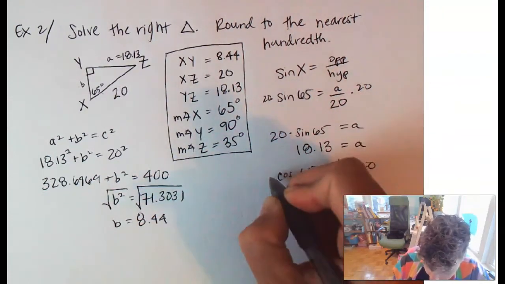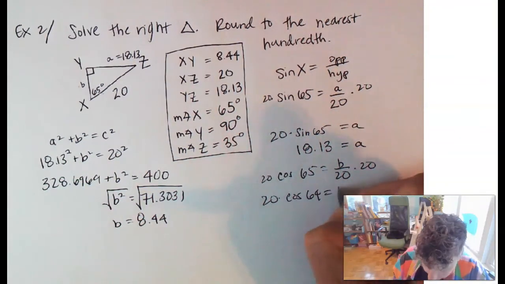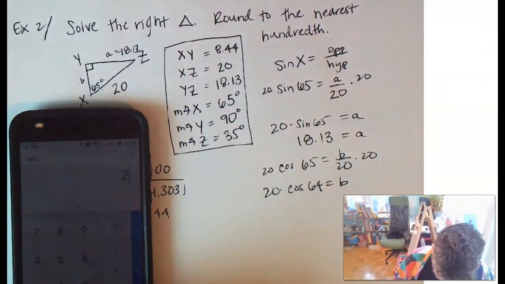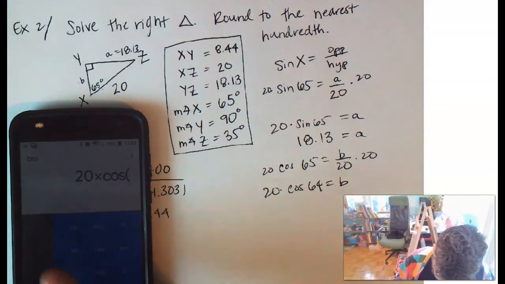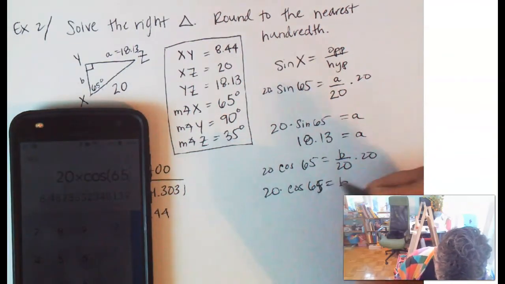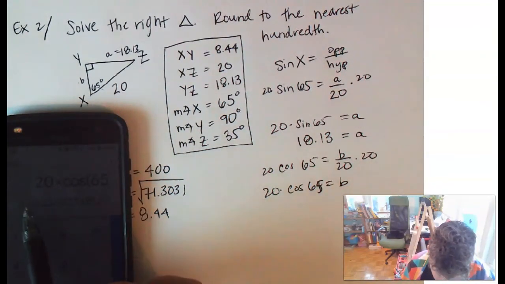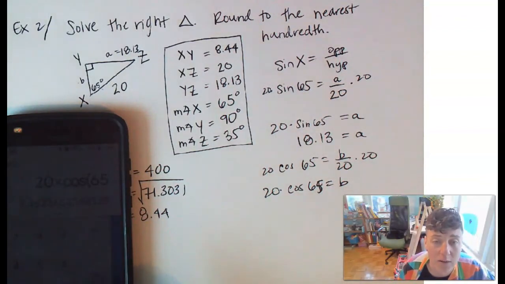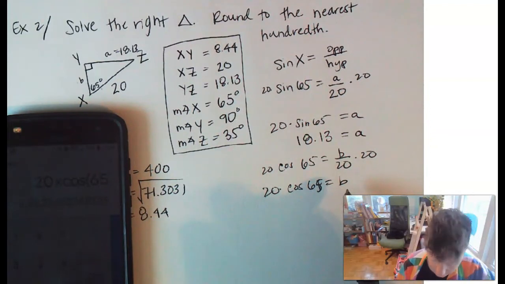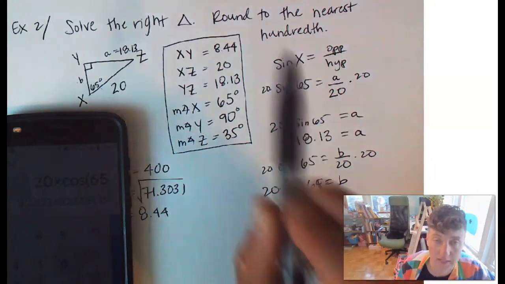Multiply by 20 on both sides. 20 times the cosine of 65 would be B. If we did that, we'd have 20 times the cosine of 65 would be B, which gives us 8.45 if we round to the nearest hundredth. This is actually slightly more accurate, right? Because we rounded over here. But I'll give it to you.